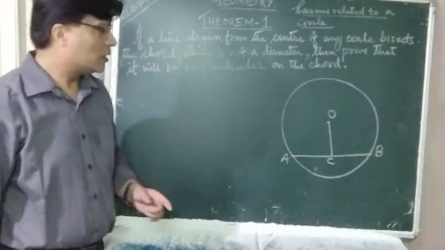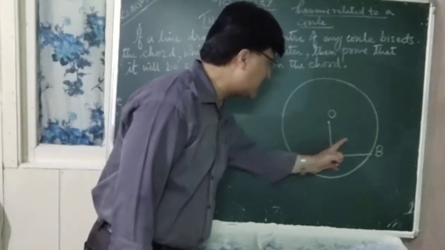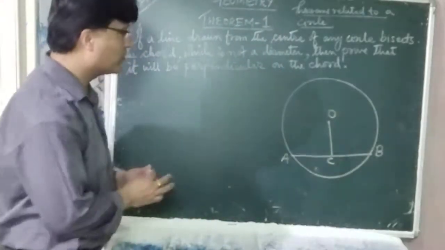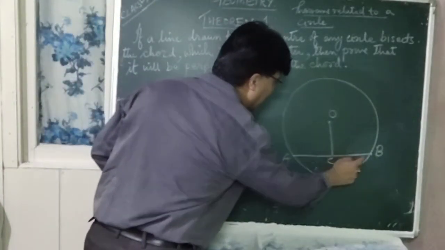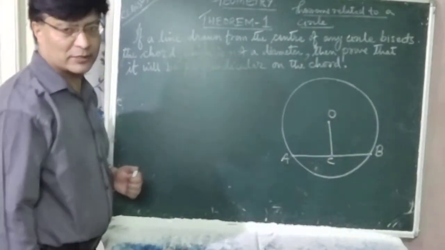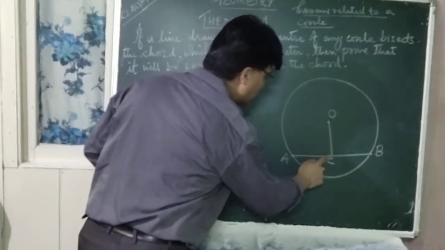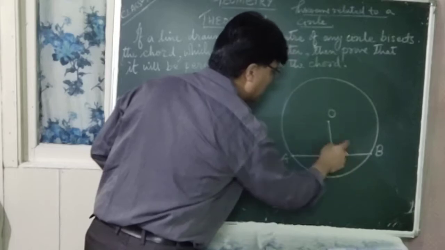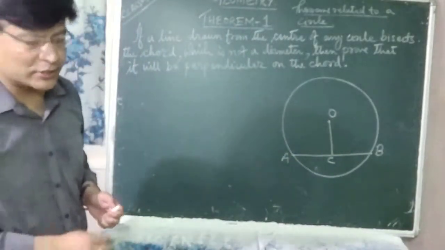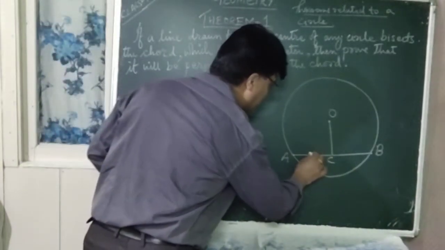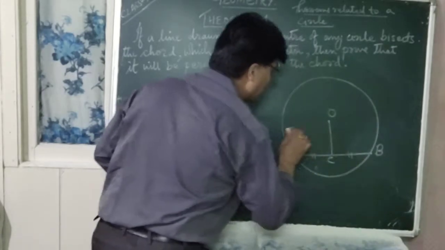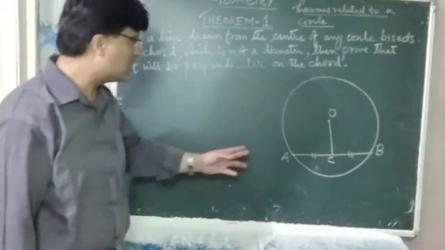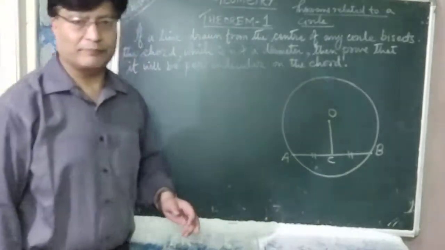Bisect भनेको के हो? This OC will bisect AB at the point C भनेको यो OC ले AB लाई two equal parts मा divide गर्छ. That means the straight line OC will divide AB into two equal parts. बुझ्यो? Two equal parts भनेपछि यो AC is equal to BC. That means AC is equal to BC.